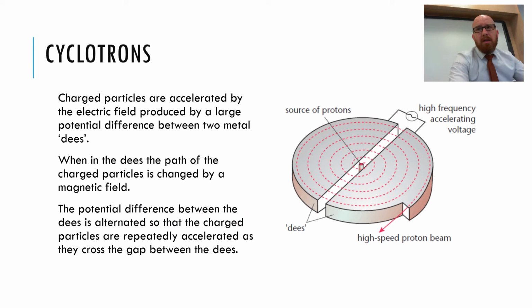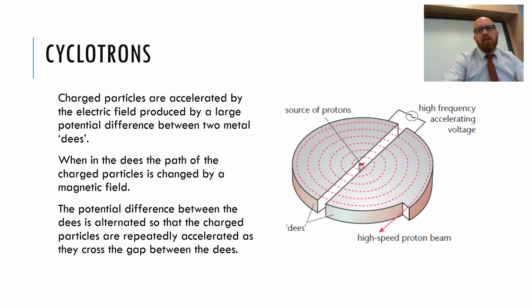You've then got a cyclotron. A cyclotron uses magnetic fields to keep charged particles flowing in a circle. So charged particles are accelerated by an electric field produced by a large potential difference between two metal Ds. The Ds are either side of the diagram, as shown there. An electric field keeps the particles spinning in a circle, and the potential difference between the Ds is such that when in the Ds, the path of the charged particle is changed by a magnetic field.